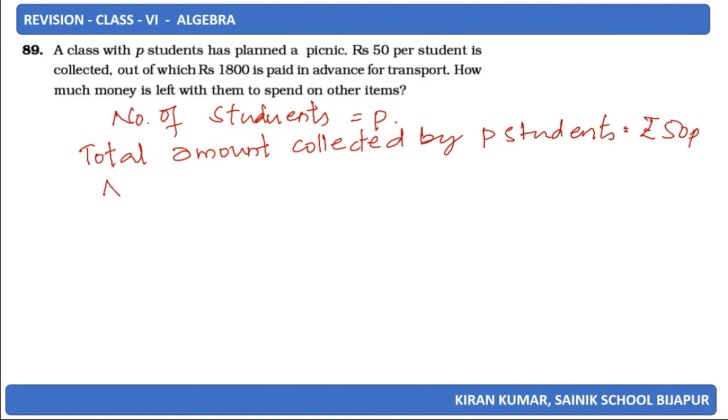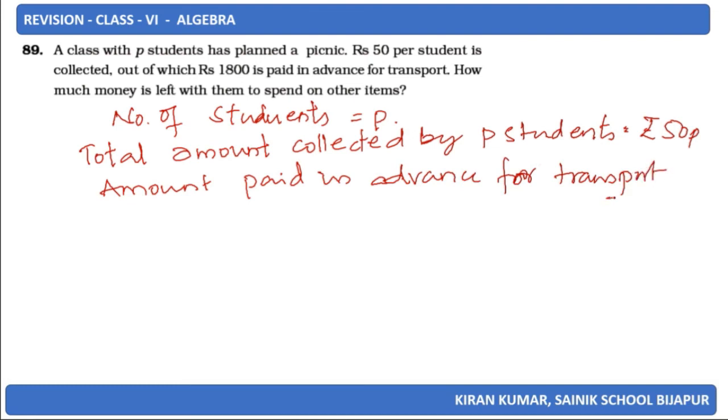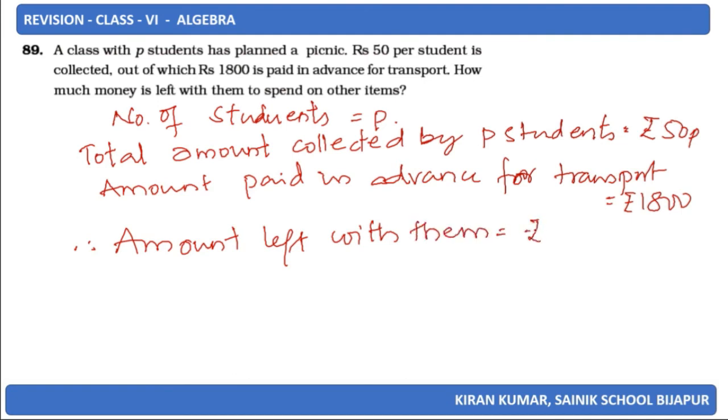Now the amount paid in advance for transport is rupees 1800. Therefore, the amount left with them will be equal to rupees 50p minus 1800.